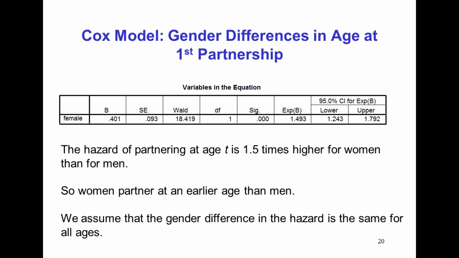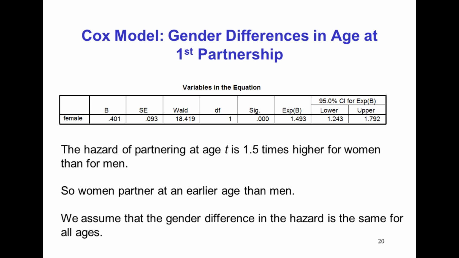Okay, and you can see first of all that this is significant. If you're familiar with SPSS, then you'll recognise tables like this. Okay, but you can do this analysis in any statistics package, and I'm happy to talk about that in the questions. This is our p-value. So there's a significant gender difference in the timing of first partnerships.